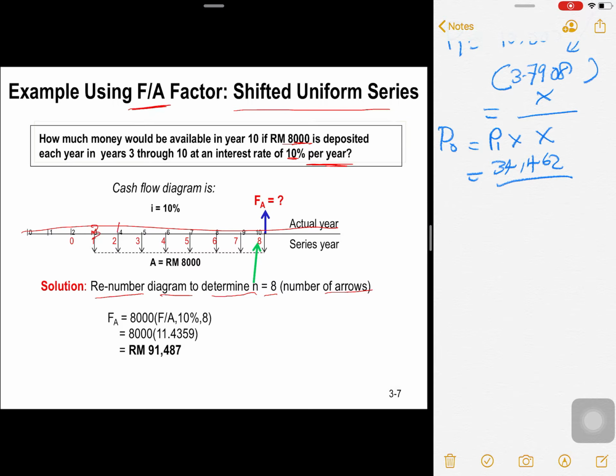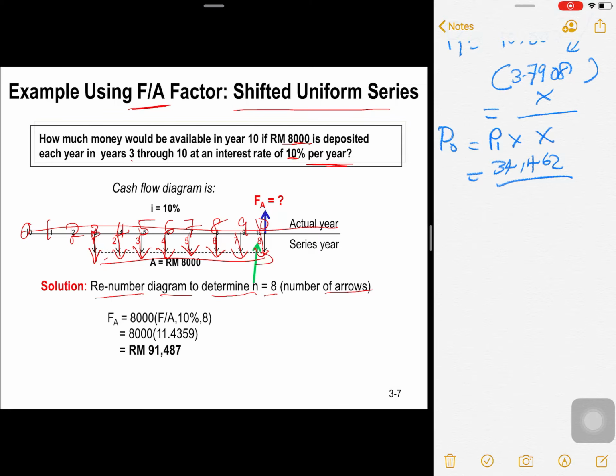So we always start at n equals to 3. This is the actual number: 0, 1, 2, 3, 4, 5, 6, 7, 8, 9, 10. But since it starts at year 3, this would become your year 1, year 2, year 3, year 4, year 5, year 6, year 7, year 8.